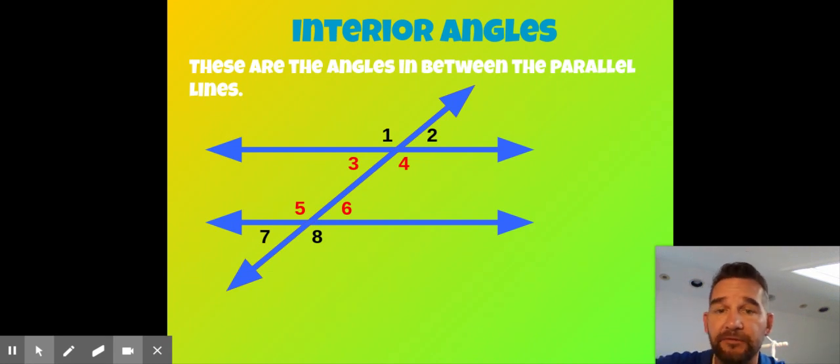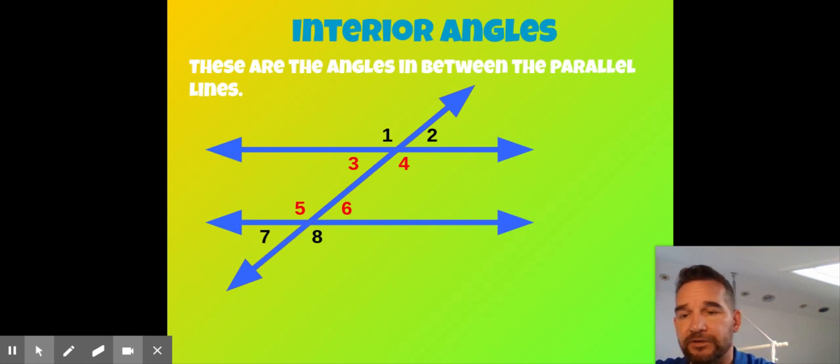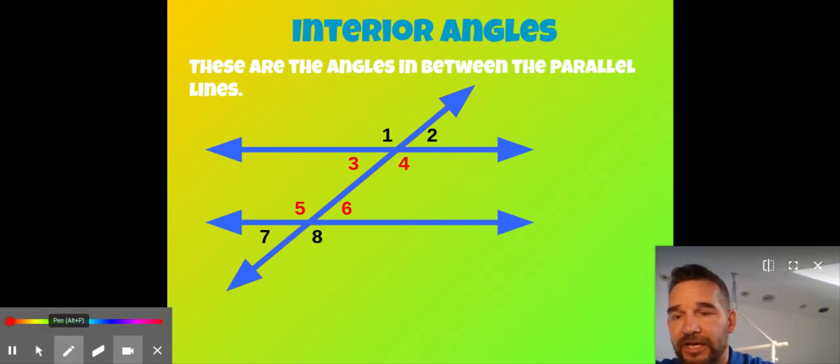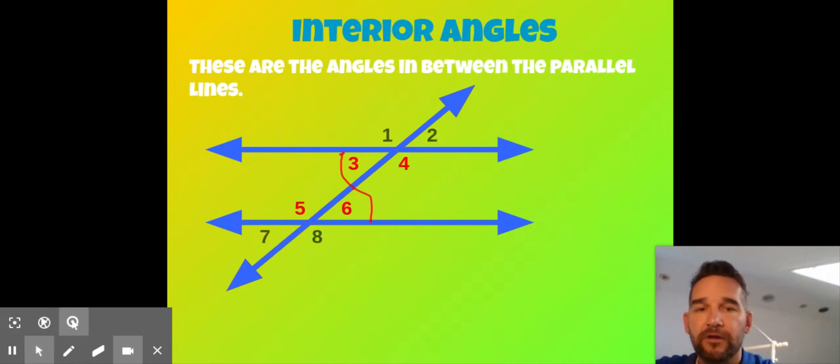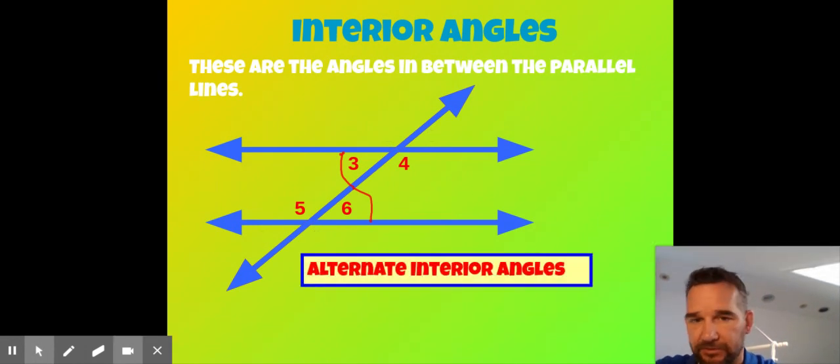Now, some of those interior angles are congruent to one another. If you look at angle 3 and angle 6, we would say that those angles are congruent to each other. The reason is we consider those angles to be what we call alternate interior angles: angles that are interior, but on opposite sides of the transversal line.